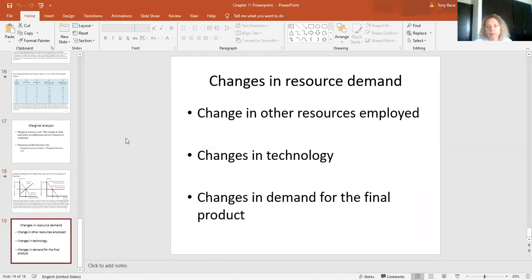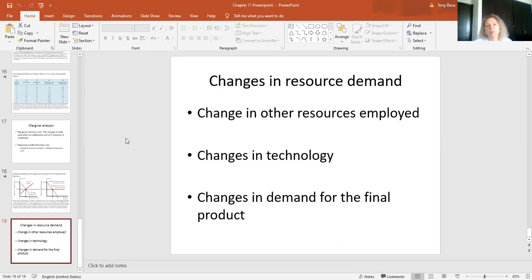All right, the last slide to wrap up resource markets in general is talking about changes in resource demand. There are 3 primary things that would change the demand for a resource. The first is a change in other resources employed. Here we're talking about substitution.